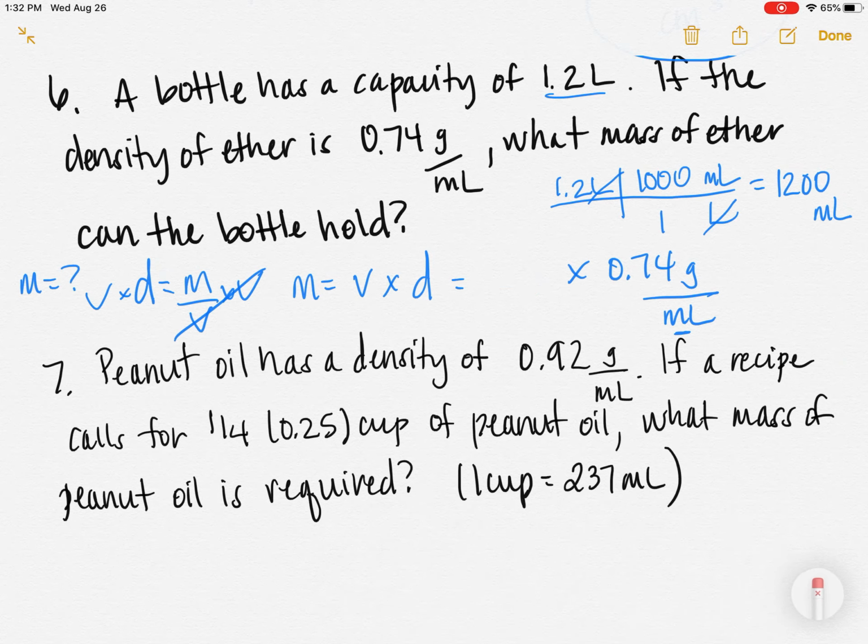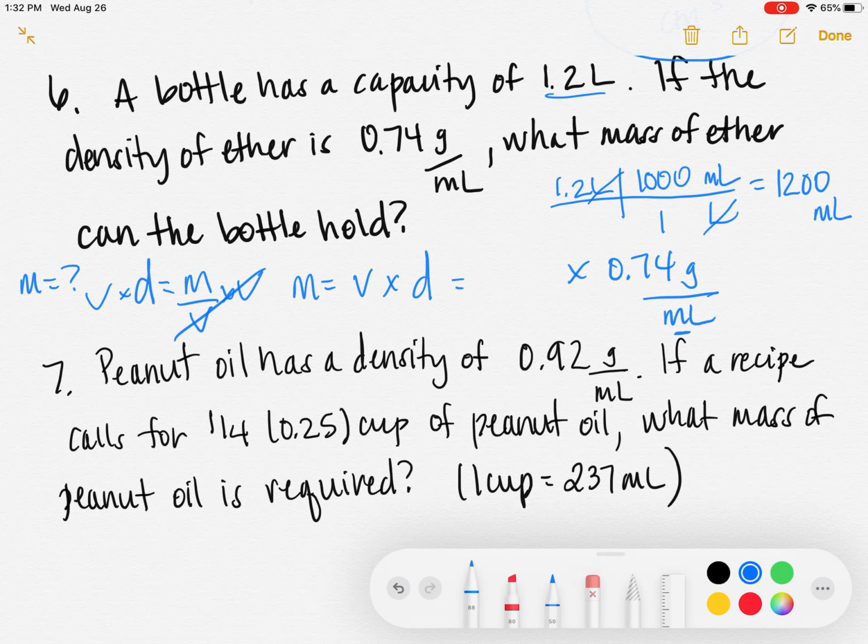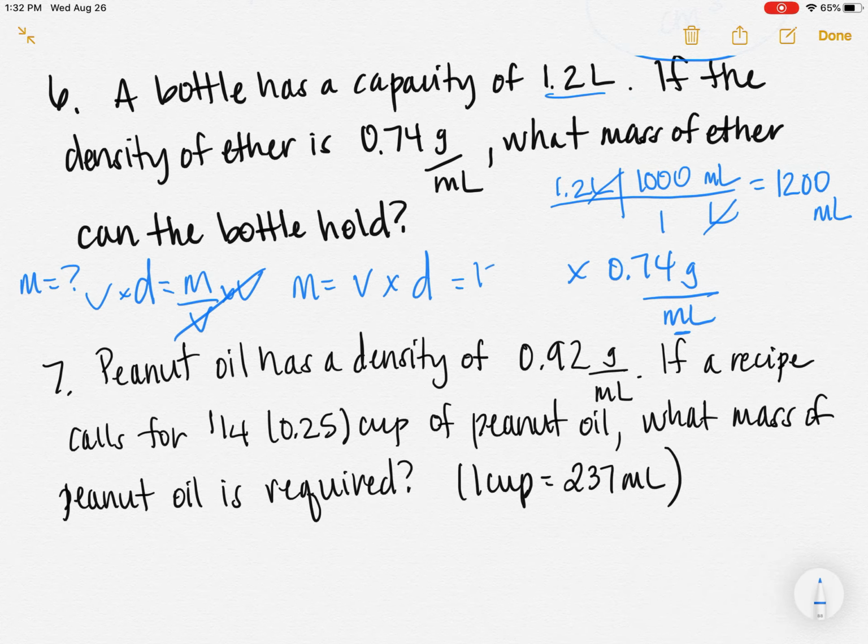And now I'm going to go back in and get rid of this and substitute in my 1,200 milliliters, because now look what happens. Milliliters and milliliters cancel. And now I can perform this calculation. 1,200 times 0.74 gives me 888 grams.